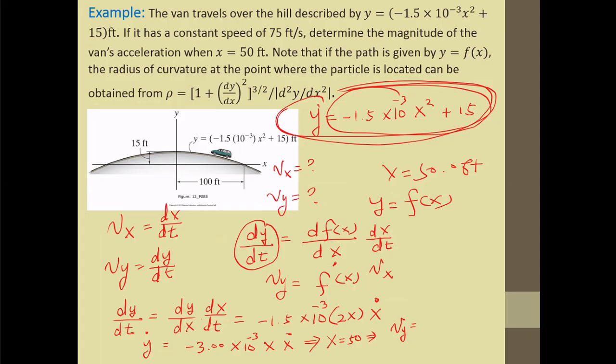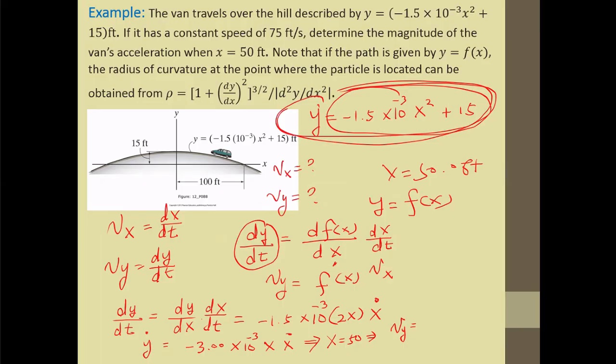So 50 times negative 3, so negative 150 times 10 to the negative 3.